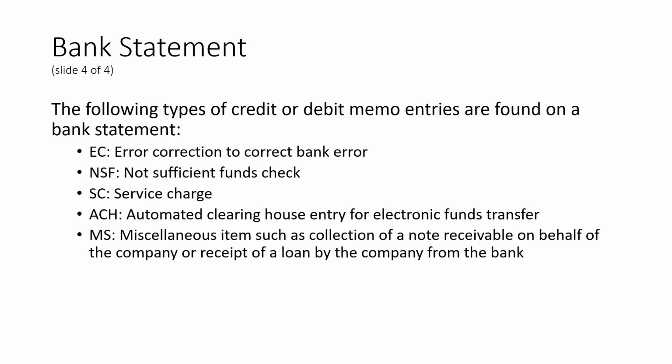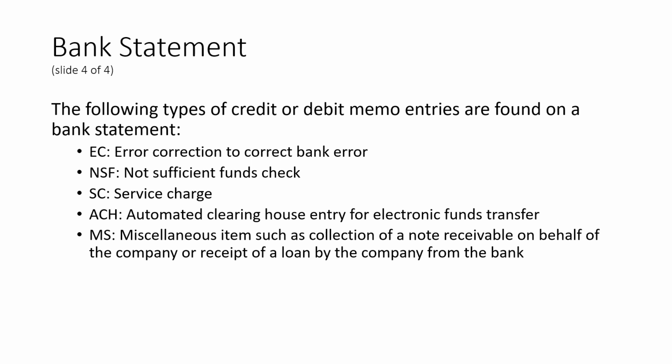All right, and so these are just some codes that you might see on a bank statement. So EC would be an error correction to correct a bank error. NSF stands for non-sufficient funds check or a bad check. SC would be a service charge or a bank charge. ACH stands for automated clearinghouse, and that is an electronic funds transfer.